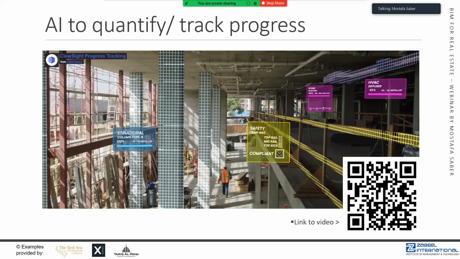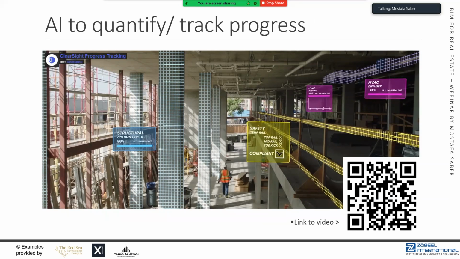The AI in some cases is also very smart, that it can quantify elements only by looking at images that you capture through your walks. And this means the AI system is able to recognize which element it is, whether it's a drywall, a ceiling, a duct, a pipe.